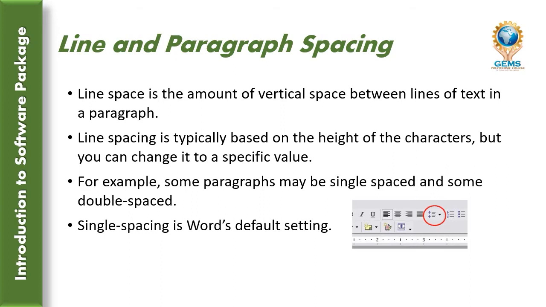For example, some paragraphs may be single spaced and some double spaced. Single spacing is the default setting. For double spacing we have to assign the particular settings in Word.